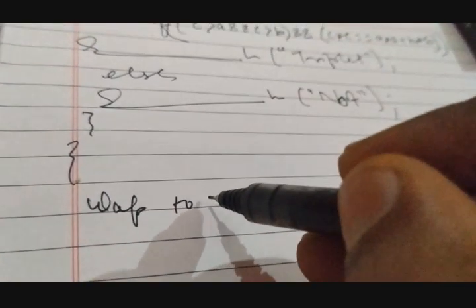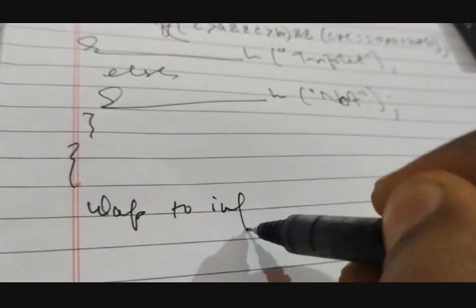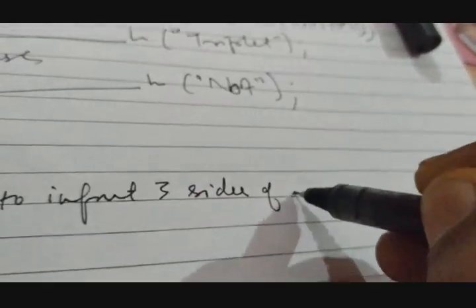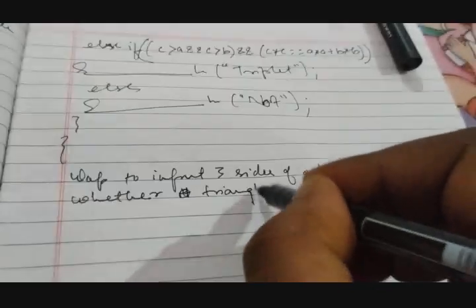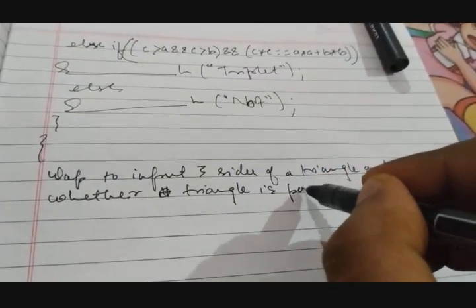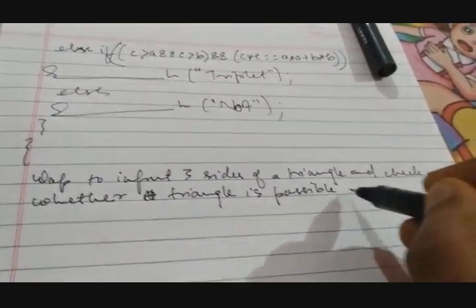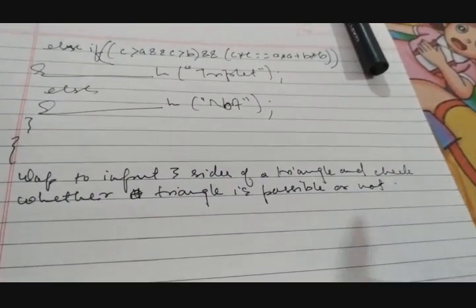Write a program to input three sides of a triangle and check whether the triangle is possible or not.